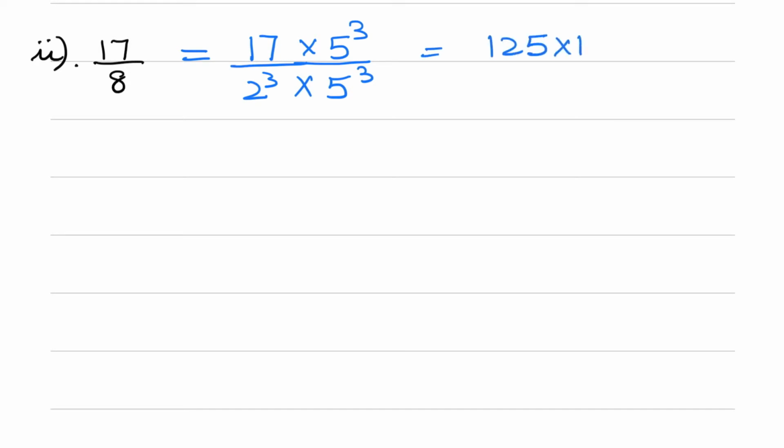Second part, it is 17 by 8, and we can do it in two ways. Either we can write 8 as 2 cube, so I can multiply both numerator and denominator by 5 cube. So this would be 125 into 17 divided by 10 cube.